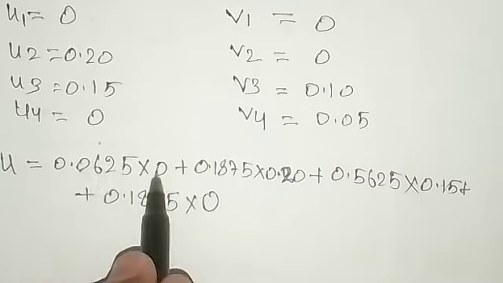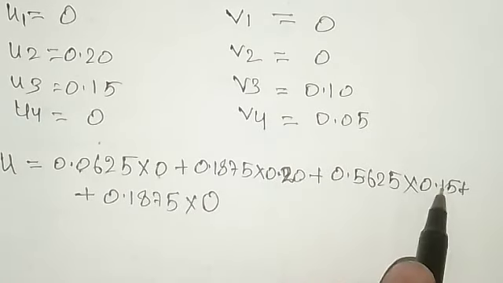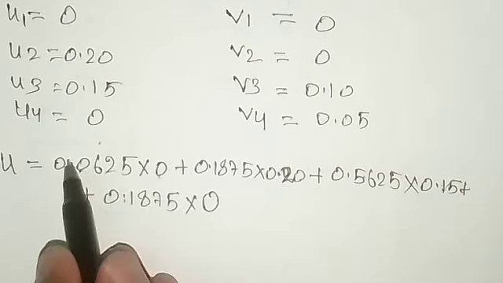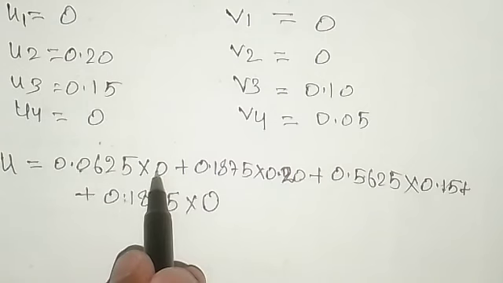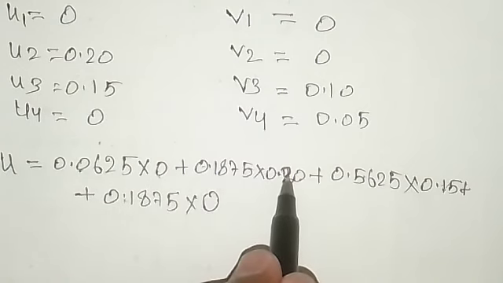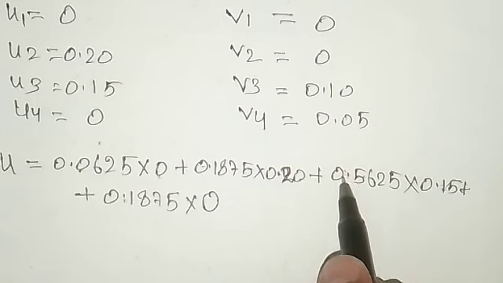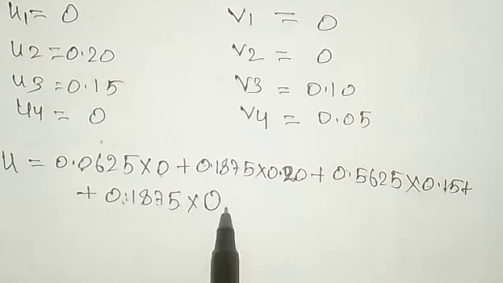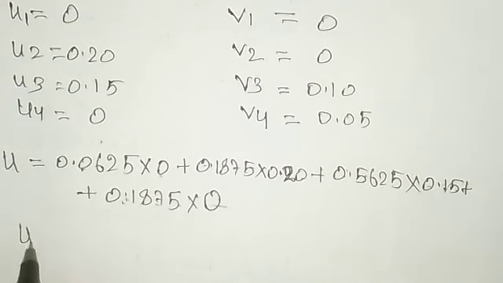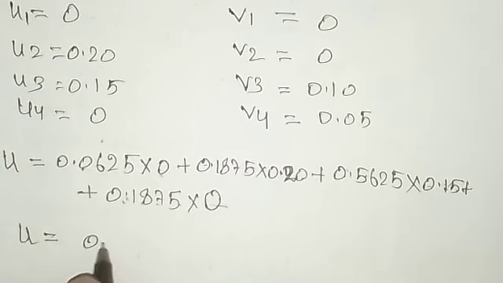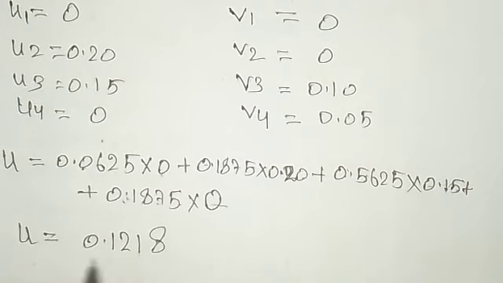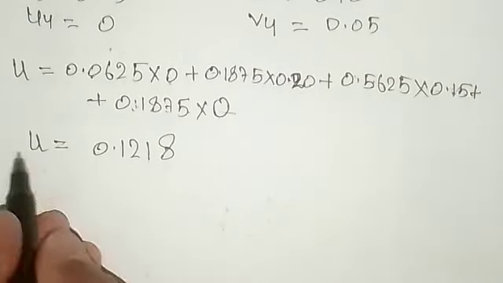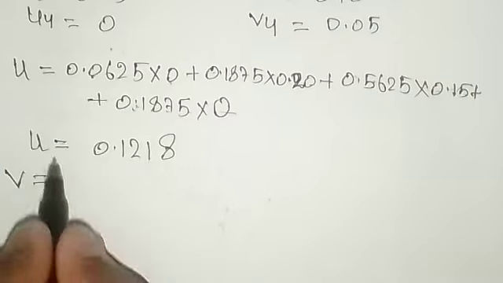So N1 U1, N2 U2, N3 U3 plus N4 U4. N1 is 0.0625, U1 is 0, N2 is 0.1875, U2 is 0.20, N3 is 0.5625, U3 is 0.15, N4 is 0.1875 and U4 is 0. So when we simplify, we'll get U equal to 0.1218, right?